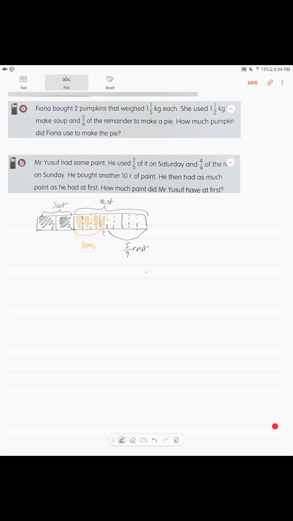He bought another 10 liters of paint. 10 liters of paint, right? So this is these 5 small units. These 5 small units he's left over. In order to have the same as before, he needs to buy this, whatever, 10 liters. Well, I don't even need to draw the bar, right? This is 10 liters.